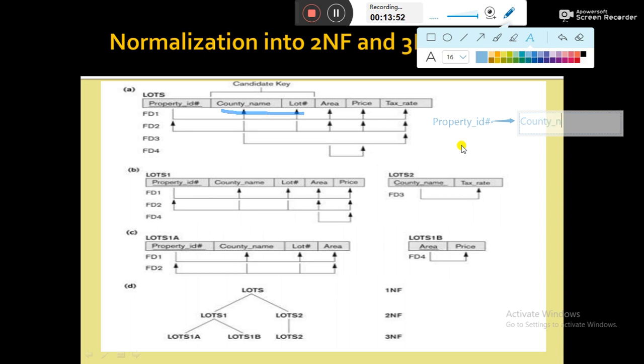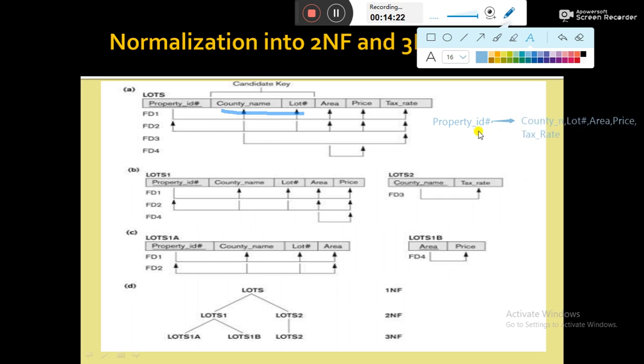I'm writing it in short, county name means county name. Then property ID determines lot number, so it should be lot hash, comma, property ID determines area, then property ID determines price, comma, then property ID determines tax rate. I am writing it in short, tax rate.